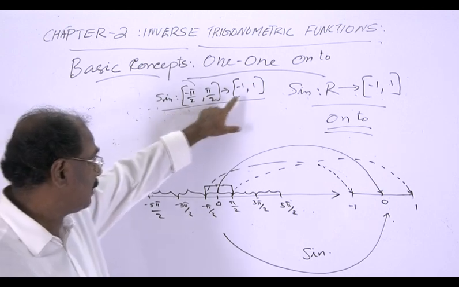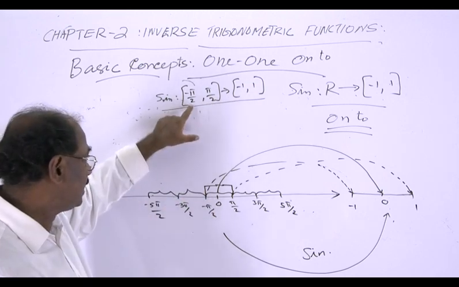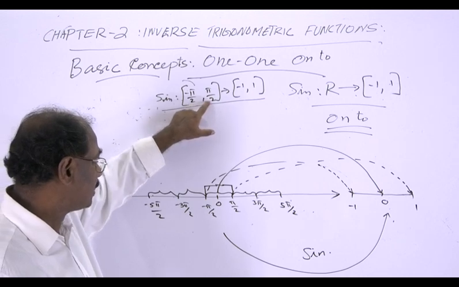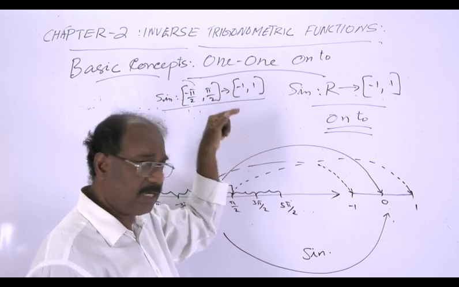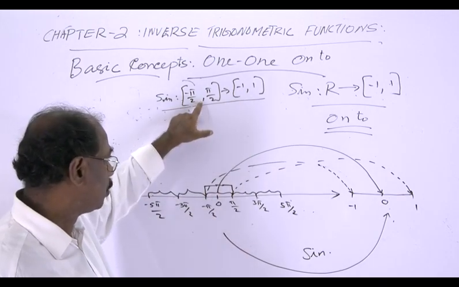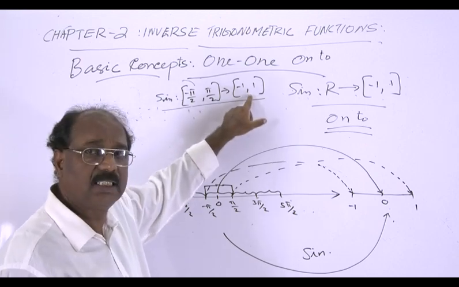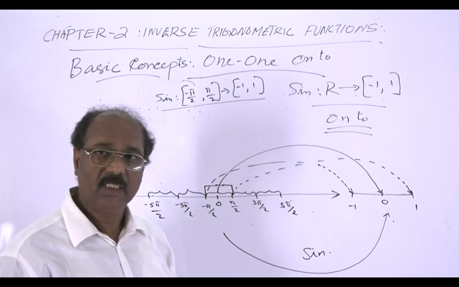Sine -π/2 is -1, sine π/2 is 1, and as we increase from -π/2 to +π/2, the value of the sine function increases from -1 to 1. When it reaches 0, sine 0 becomes 0, as in this case.